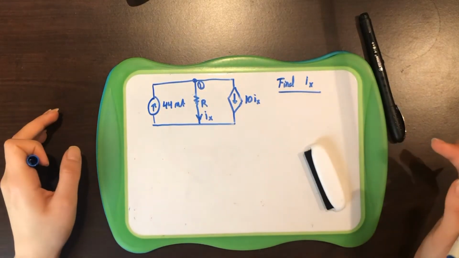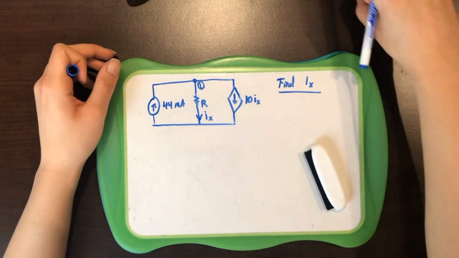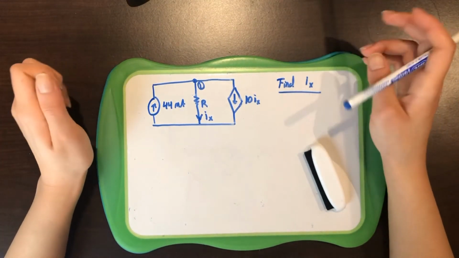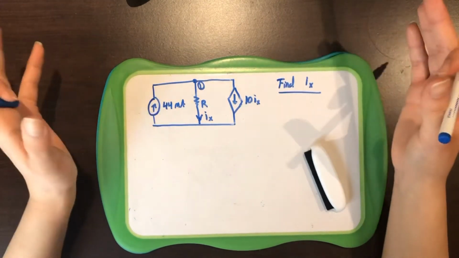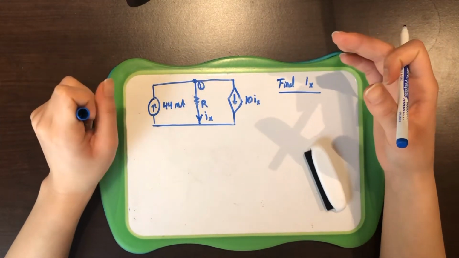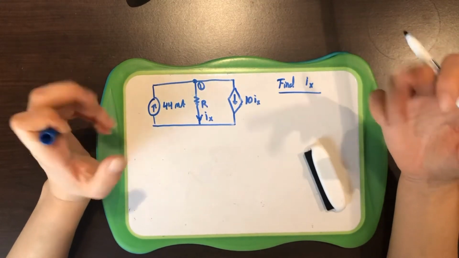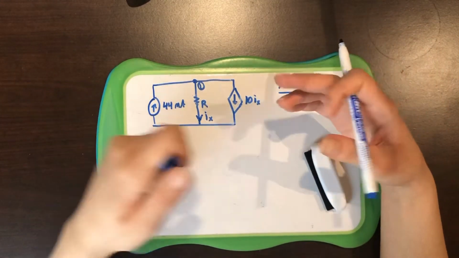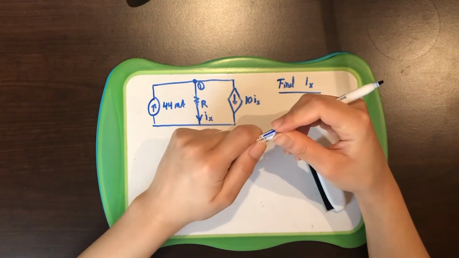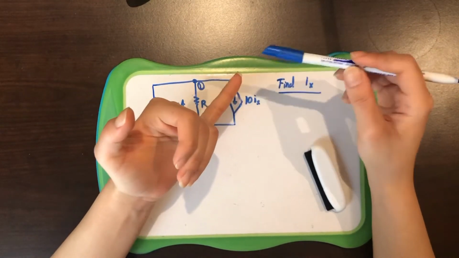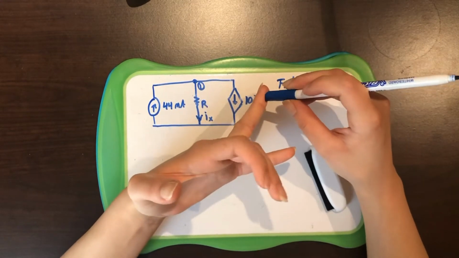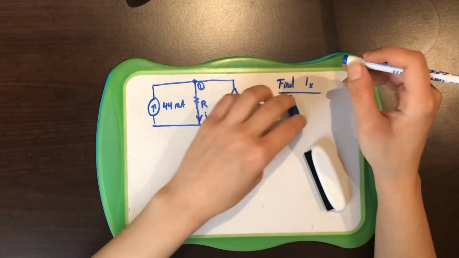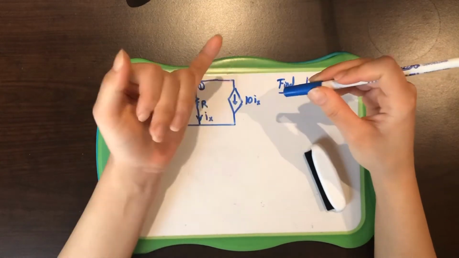Hello guys, so today we're going to be solving problems on dependent sources. So let's just recap what dependent sources are. So we have independent sources such as independent voltage sources and independent current sources, or we can have dependent voltage sources.